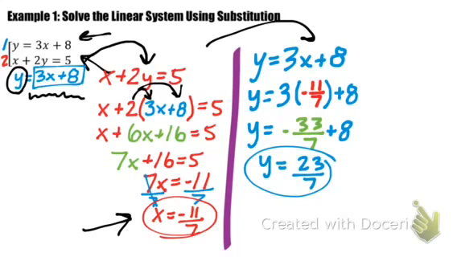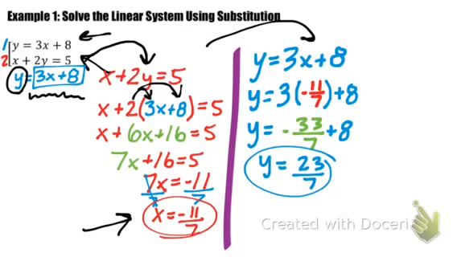So I have both fractions in my system: x equals negative 11 over 7 and y equals 23 over 7. That looks like a completely different answer, and you might think it's wrong because you have fractions, but if you have your x and your y, you can check to see if it satisfies the equations.